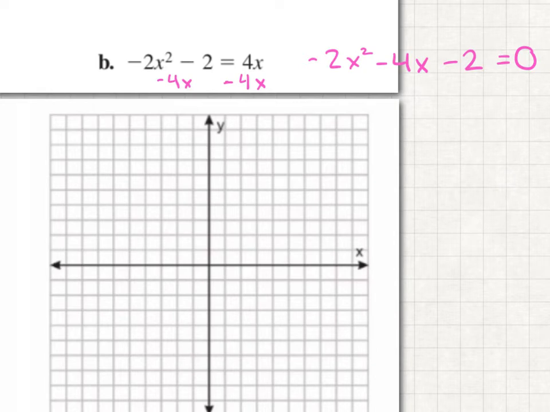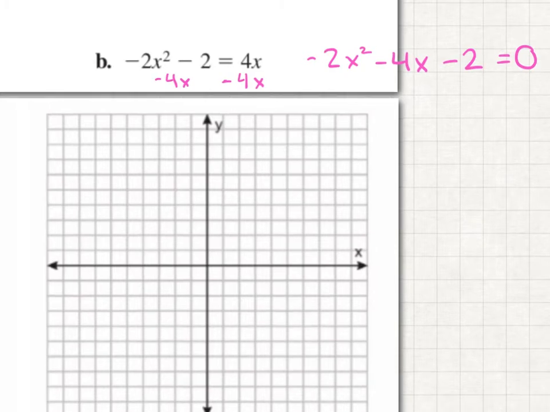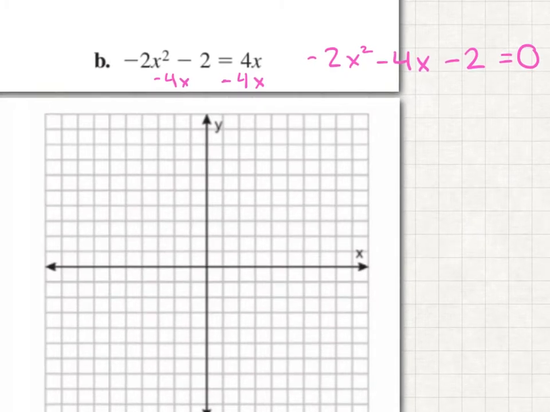We can divide everything by 2. Perfect. Let's divide everything by negative 2 since we have a negative 2 in common. So this becomes x squared plus 2x plus 1.